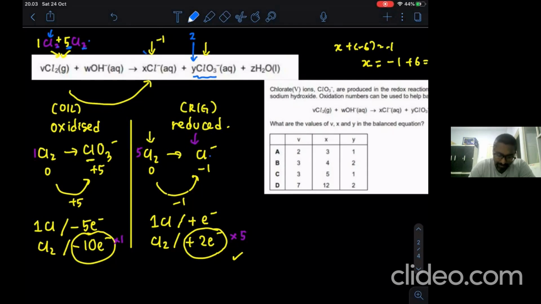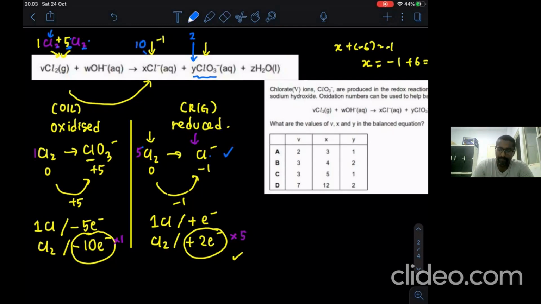When we put 5 and times this, 5 Cl2 gives you Cl minus, so this one is going to be 10.